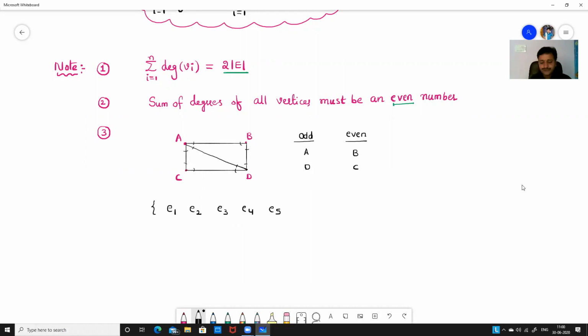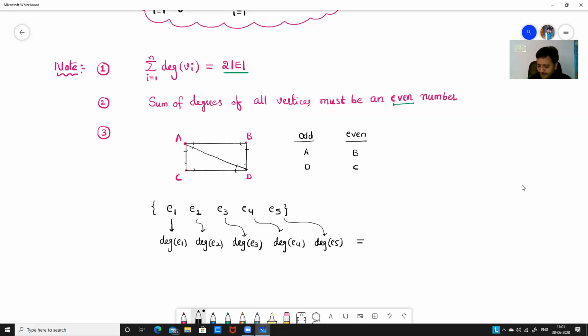Now I want to find the degree of E1, and also the degree of E2. Next, the degree of E3, the degree of E4, and the degree of E5.